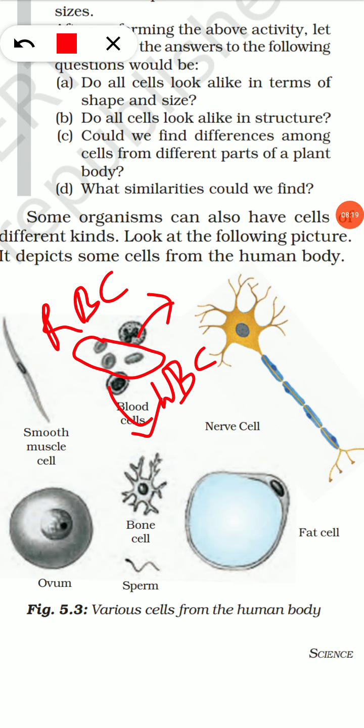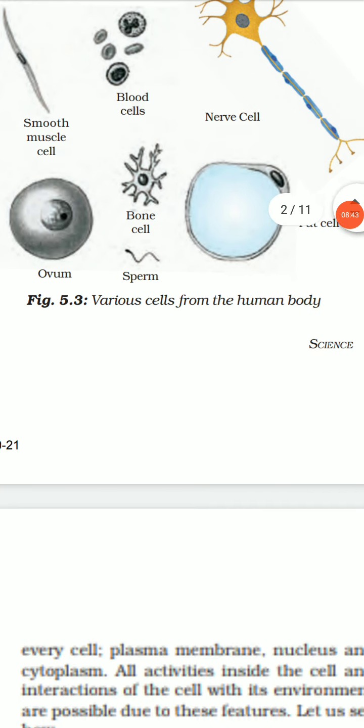Nerve cells, their function is to transfer the signal from one point to the other point. So this is why they are elongated. So this is a nerve cell. We have ovum, which is produced. Then we have bone cells, sperm, and fat cells as well. So based on the function, we have different types of cells.